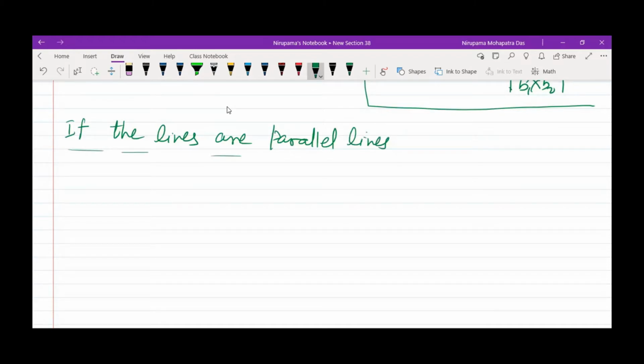Okay, so here you can see two parallel lines. This is the line of shortest distance.